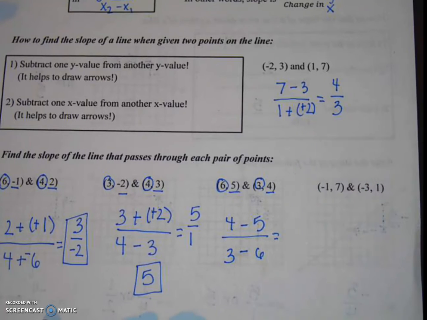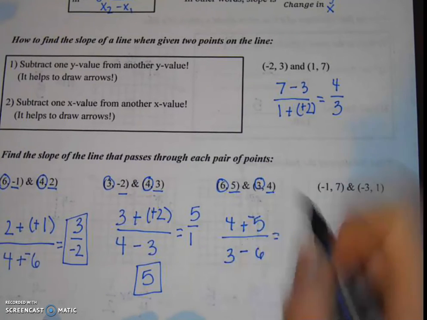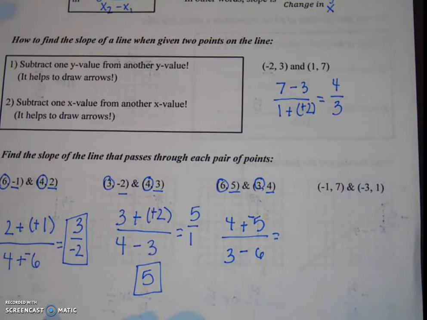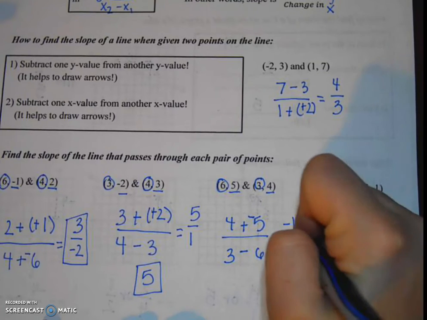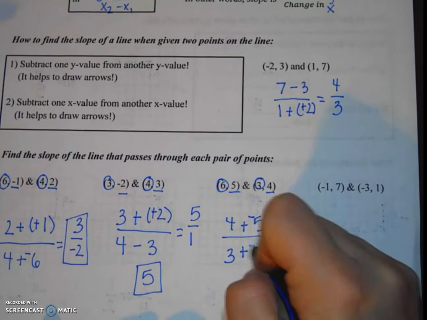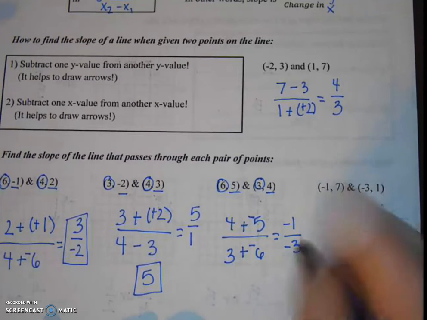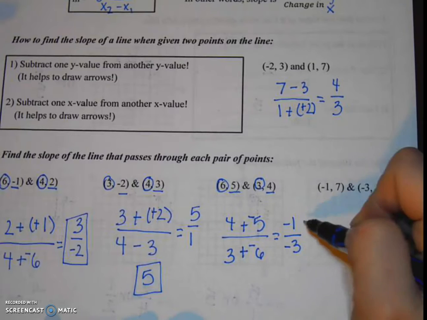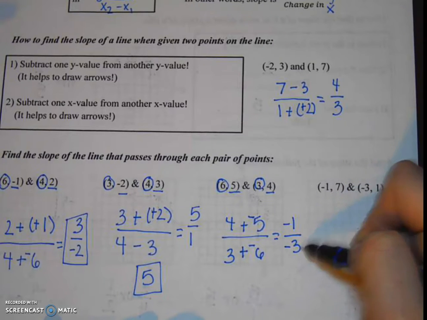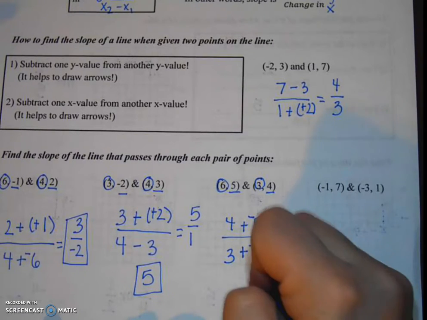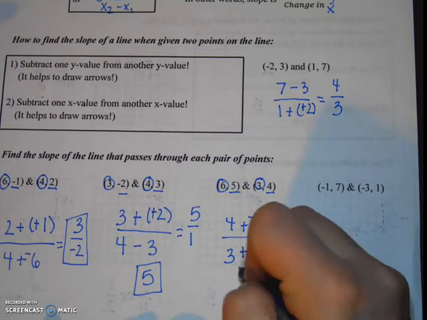So, keep, change, change. 4 plus negative 5 is the same thing as negative 1, and 3 plus negative 6 is the same thing as negative 3. Since I have a negative divided by a negative, I know that that's going to cancel out, making it 2 positives, or 1/3.